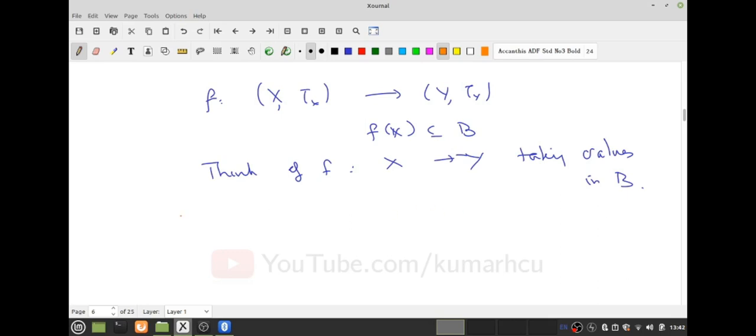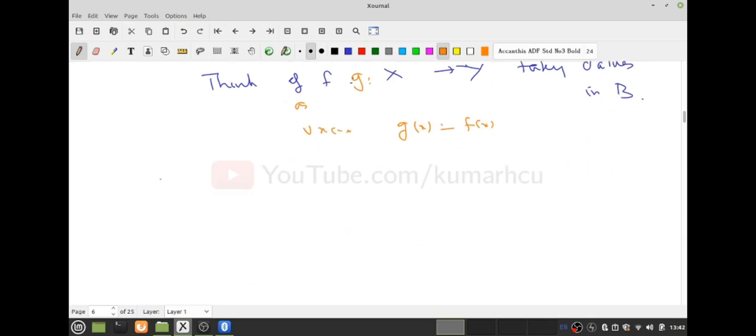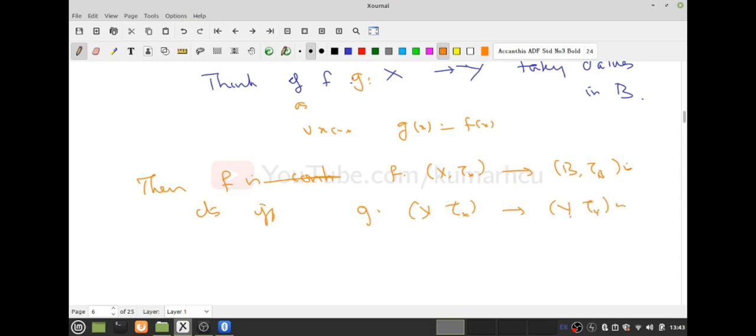So let us call this G. What is G of x? G of x is nothing other than F of x for every x in X. The result I want to say is this: F from (X, tau X) to (B, tau B) is continuous if and only if G from (X, tau X) to (Y, tau Y) is continuous.